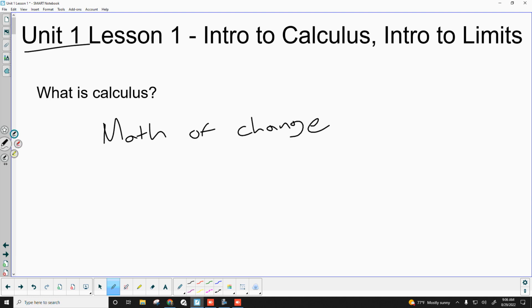Another thing they call calculus is the math of infinities. Or, and this is kind of important with today's lesson, the math of infinitesimal. What do you think an infinitesimal is? Tell your tables. What's an infinitesimal?